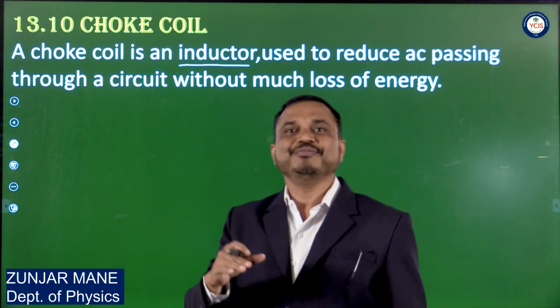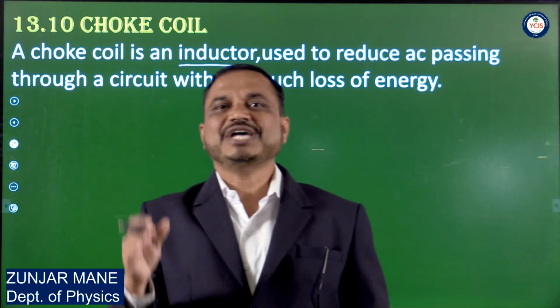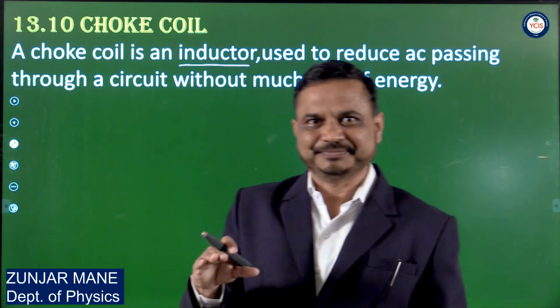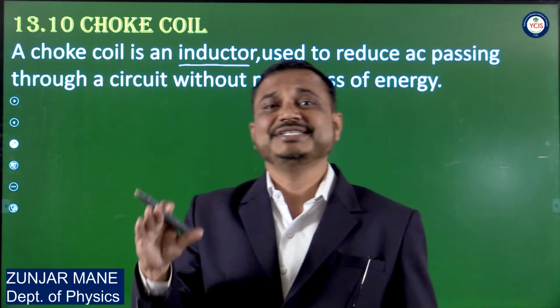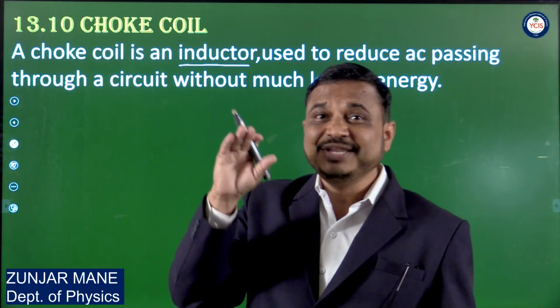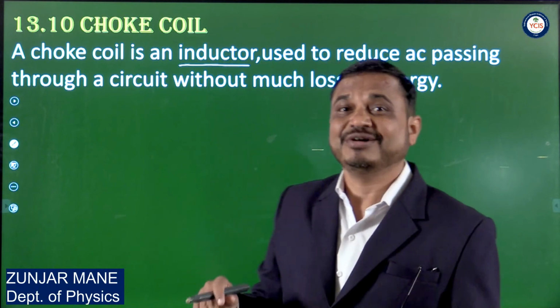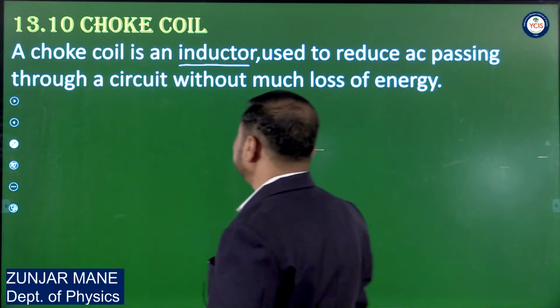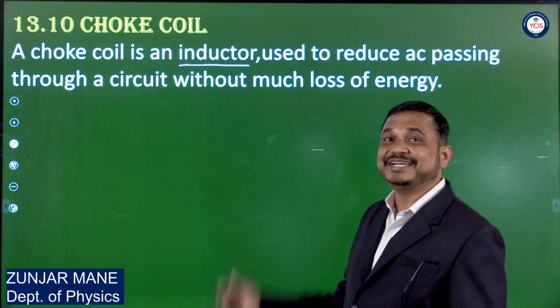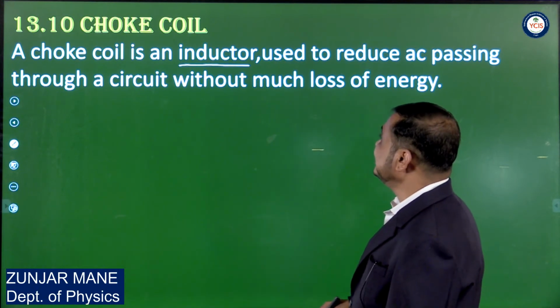If we have to minimize the AC, we have to use either resistance or a reactance. But in case of resistance, there will be power loss. So we have to minimize the AC without any power loss. For high frequency there is opposition by the inductor, as inductive reactance is greater.